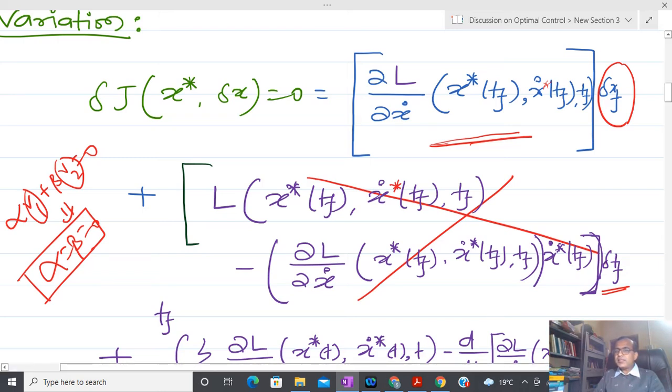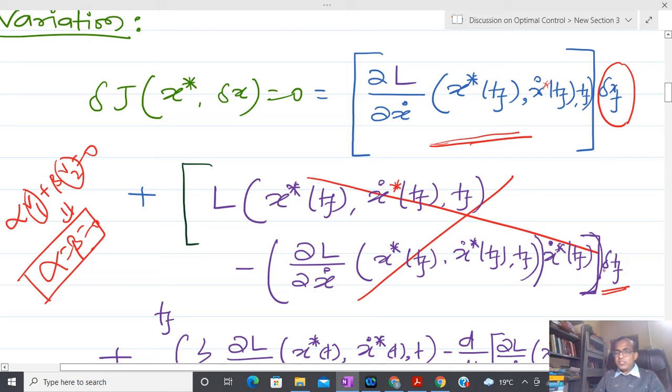If something is fixed, then is the variation zero or non-zero? Sir, it would be zero. Initially you told me this is non-zero, and now you are telling me it is zero. So what is your final answer? Sir, if it is fixed, then the answer would be zero.